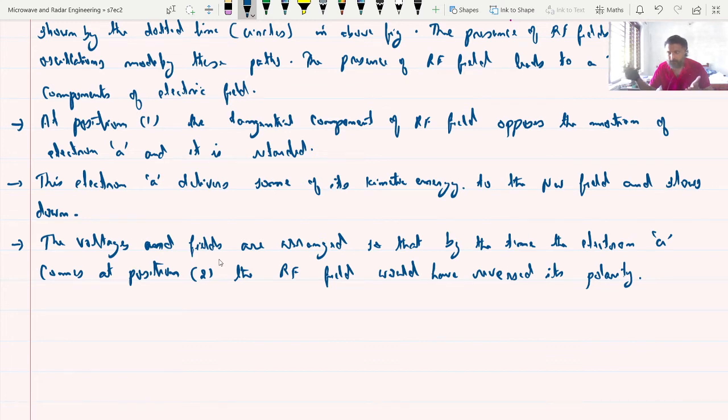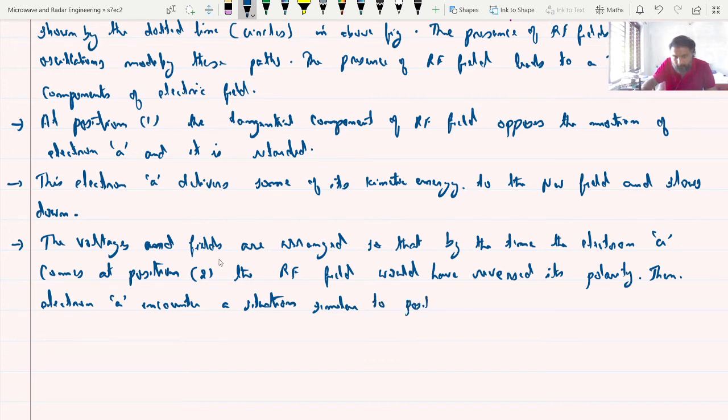It gives out kinetic energy and is further slowed down.